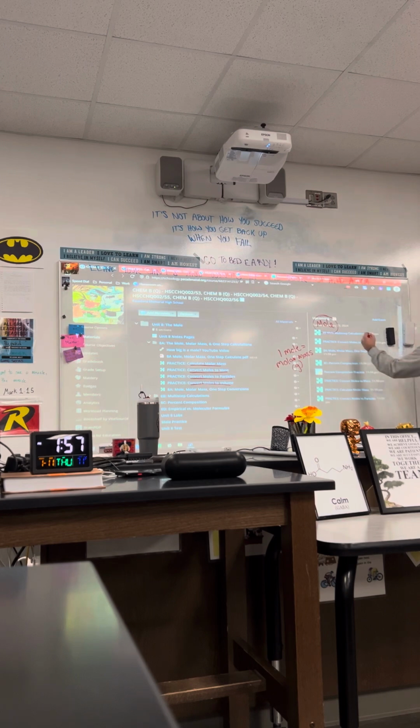One mole is also equal to 6.02 times 10 to the 23rd particles, which is a catch-all term for atoms, molecules, and formula units, which I call FUs.